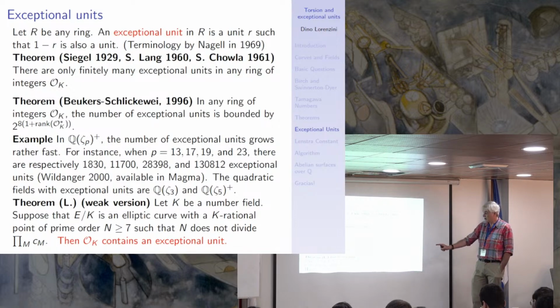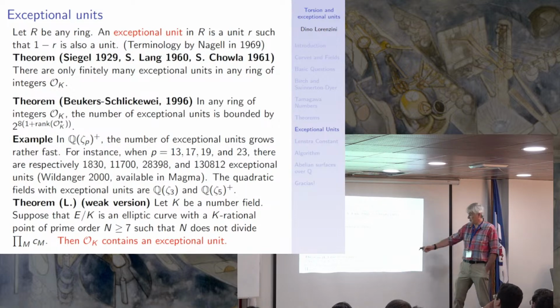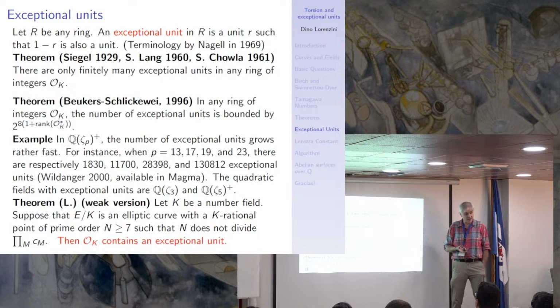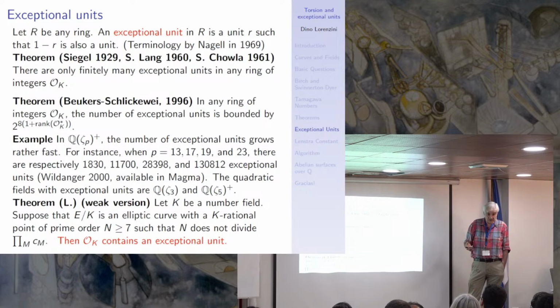So I'm going to do much better than this, but this is the flavor. And this explains why these 2 fields appeared in the quadratic case, right? They are the only ones that have exceptional units, so that if you have exceptions, they have to be on that field.